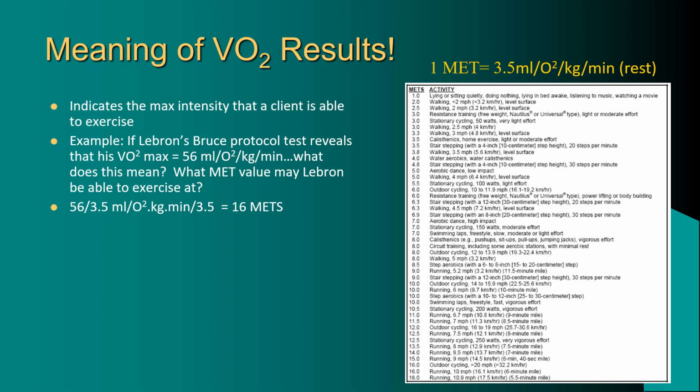So MET values are very helpful in determining intensity for someone. Where are they at and where can we go to next? A VO2 max of 56 is rather good. That's very good. That means that getting through everyday life is a lot easier for someone that has that kind of VO2 max.